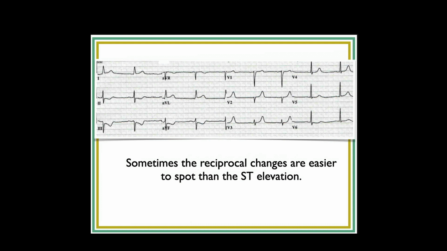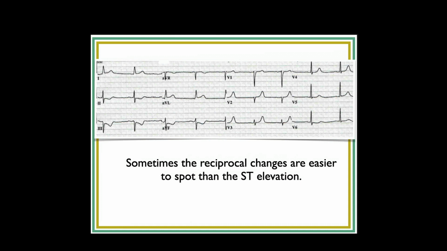What you should start doing, and you probably already are, is thinking in patterns. If you have a high lateral STEMI, what goes with it is ST depression in the inferior leads.